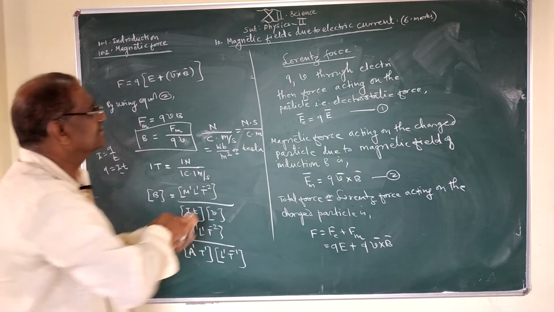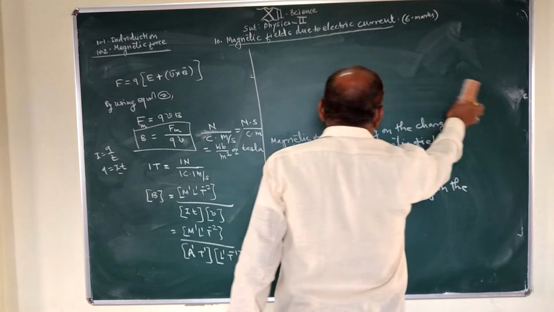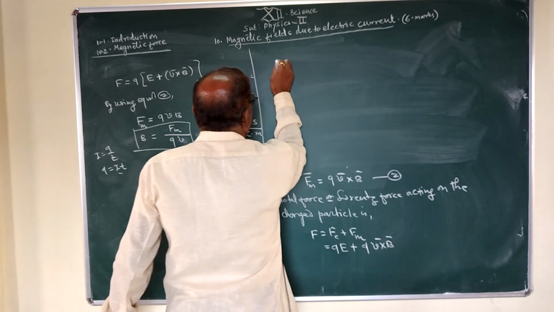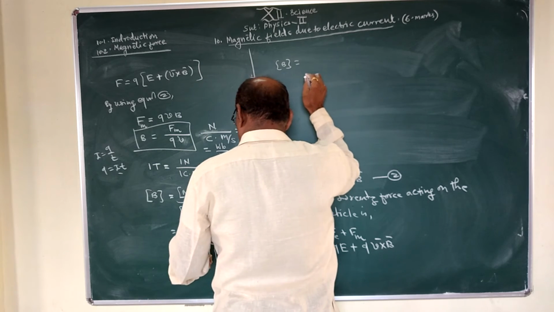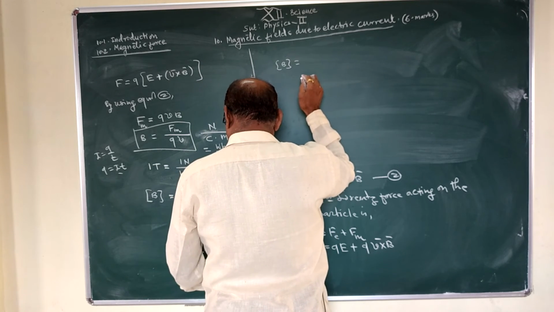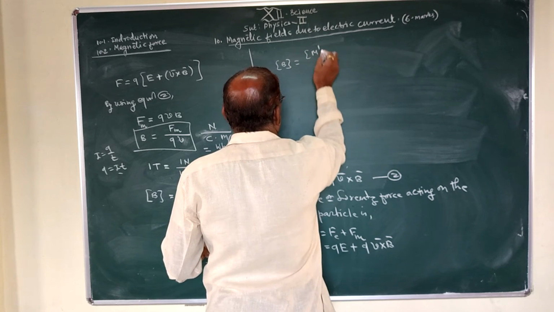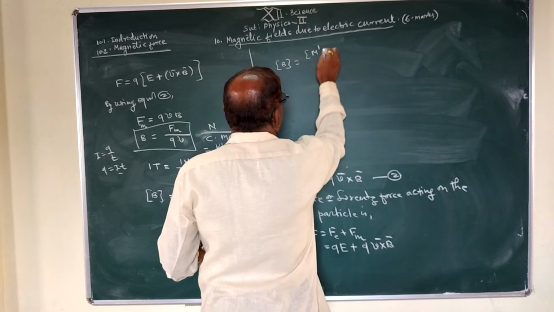Now, simplifying this, we get the dimension of magnetic induction B. M1 stays, L1 cancels, giving L0.